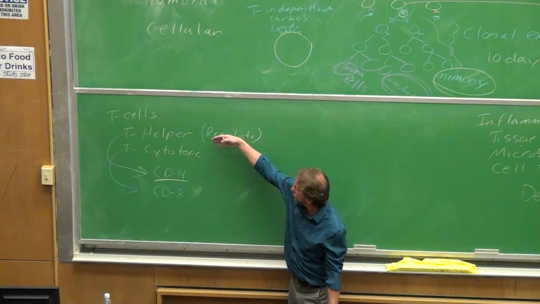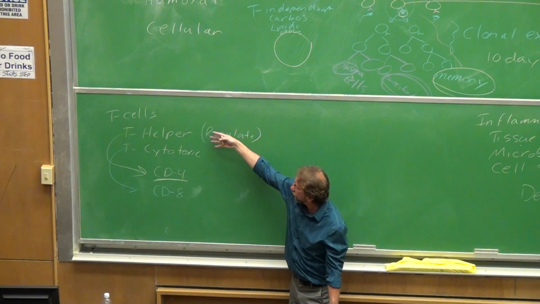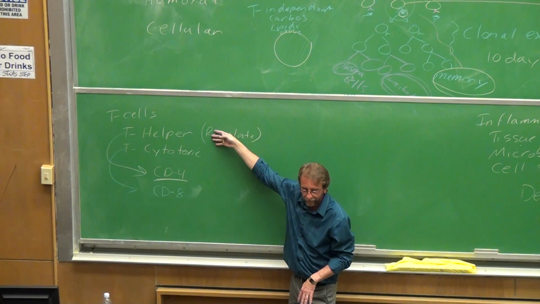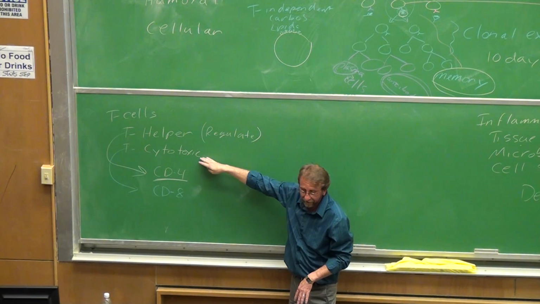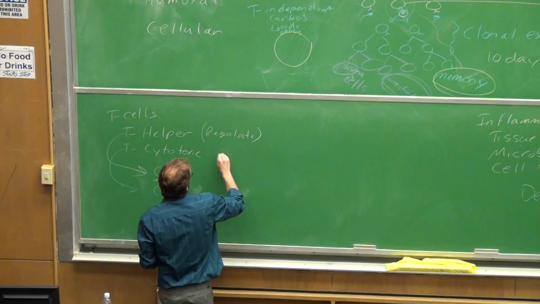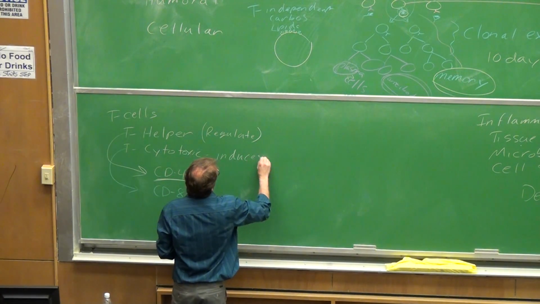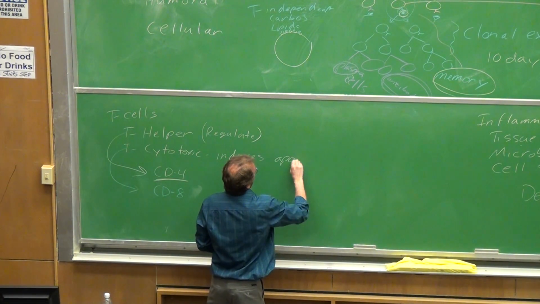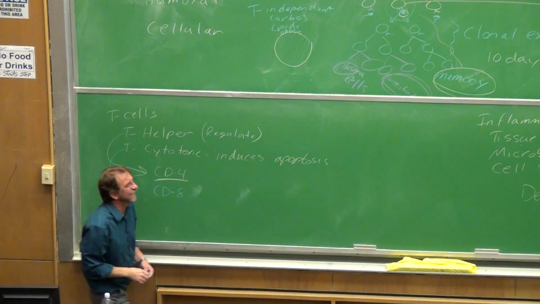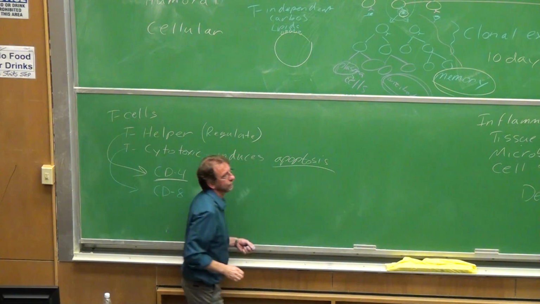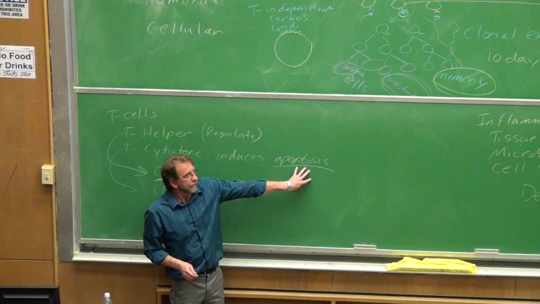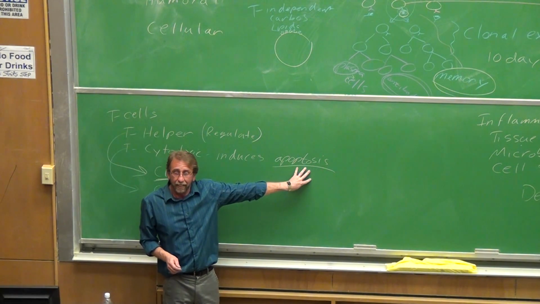We talk about their functions again. I mentioned that the T cells are going to judge the significance of the antigen being presented. The cytotoxic T cell induces apoptosis. Apoptosis is cell death from the inside.